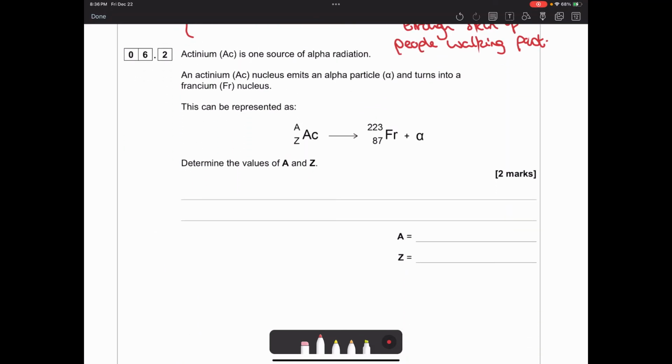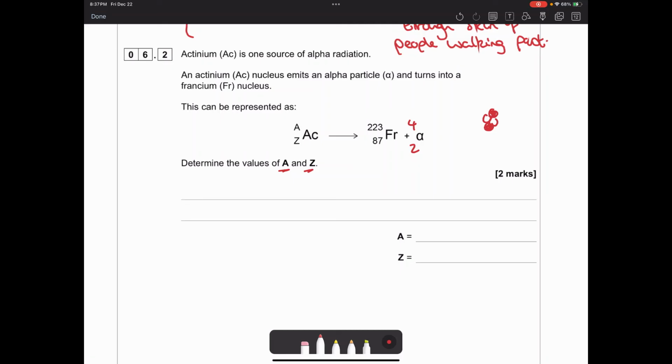It then says actinium is one source of alpha radiation. An actinium nucleus emits an alpha particle and turns into a francium nucleus. Determine the values for A and Z. Now, an alpha particle, we should remember, has a mass of 4 and 2 protons. So it's 2 protons and 2 neutrons, which is the nucleus of a helium atom.